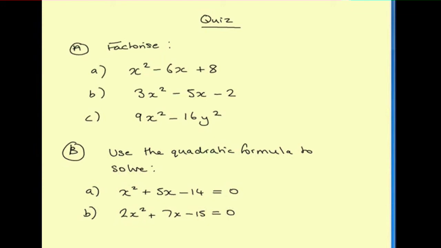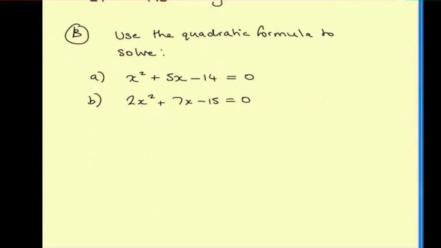Part B is use the quadratic formula to solve. The first one is x squared plus 5x minus 14 equals 0, and the second one is 2x squared plus 7x minus 15. Okay, so if you don't want to know the answers to the quiz, then press the pause button on your DVD player now.